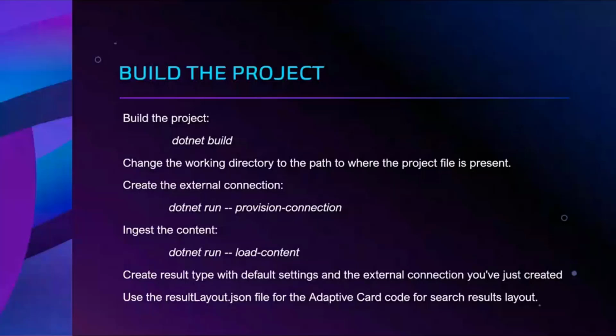Then building the project, all of us know, I believe, dotnet build to build your project, and then dotnet run provision-connection command to create the external connection, and then ingesting the content to Microsoft 365 by running this commandlet in the console app, dotnet run load-content.